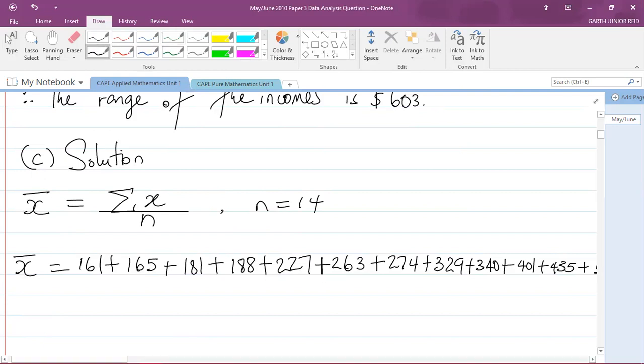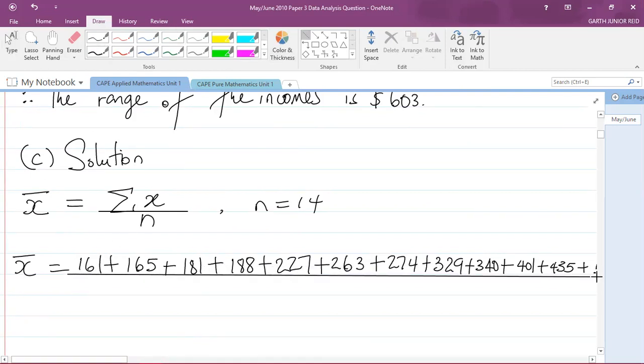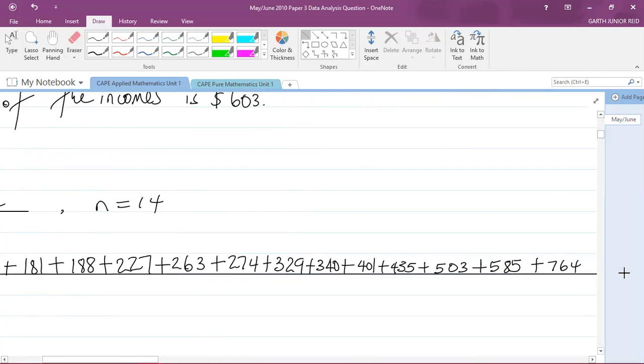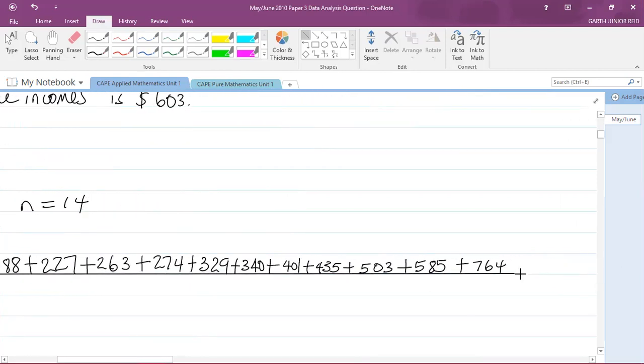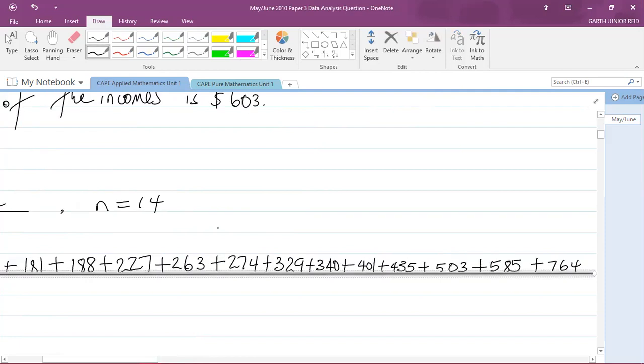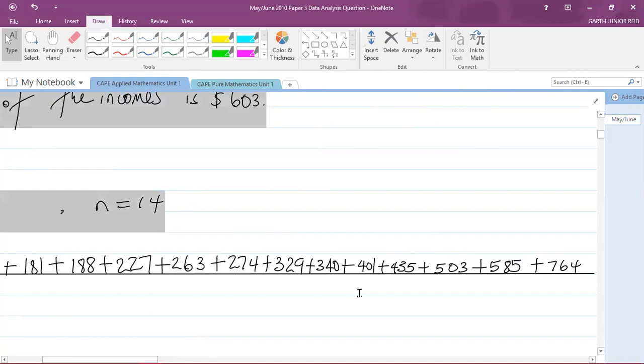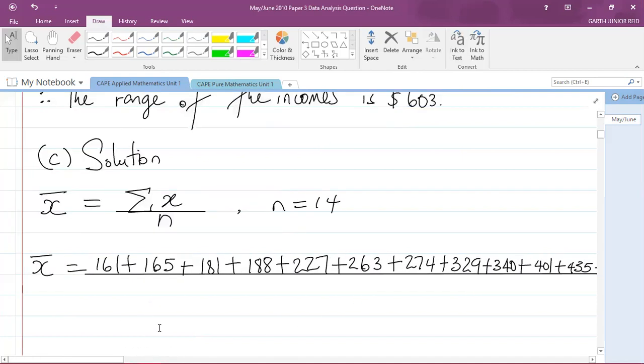Okay, so let me just draw my line here to show that we're dividing. So we are dividing by n, which we know is 14.